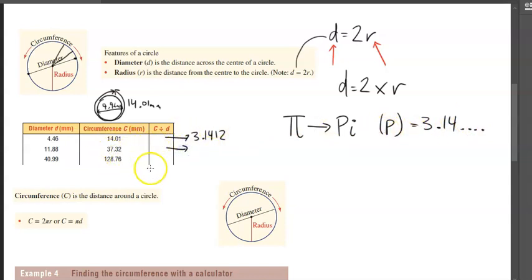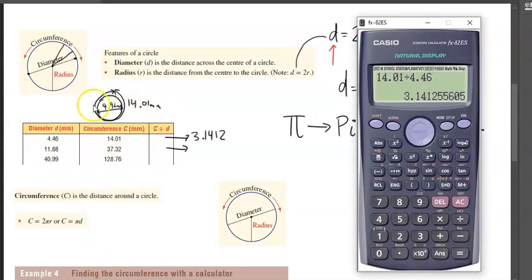We have another circle, 37.32, and this is divided by its diameter, 11.88. So this time we've got a bigger circle. We measure the outside, it's 37.32, and we divide this by 11.88, which is the diameter.